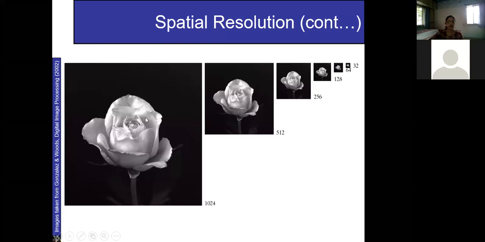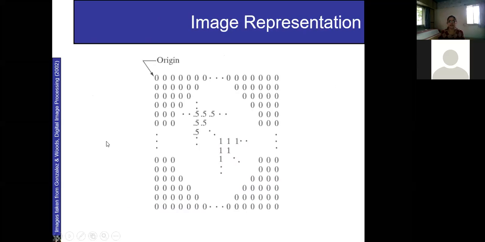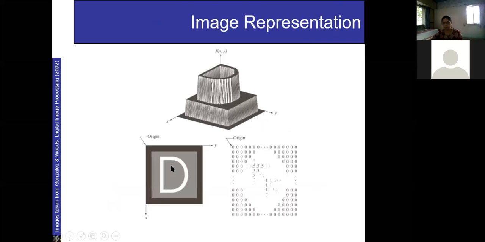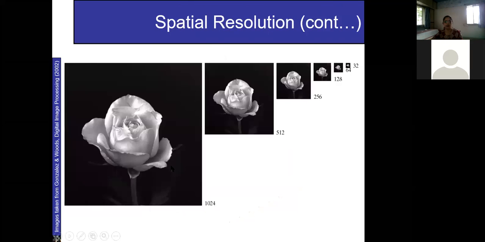Here is an example of an image where 1024 by 1024 samples are used. So this sampling grid size is 1024 by 1024.